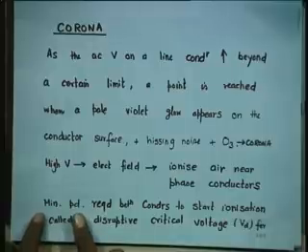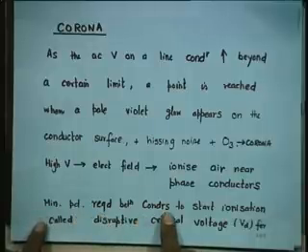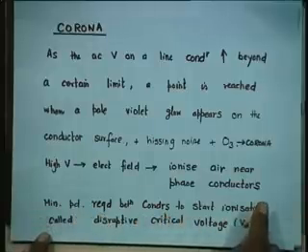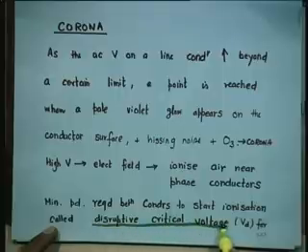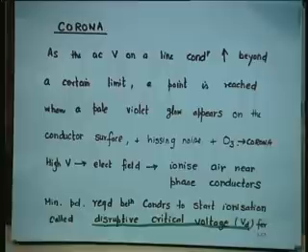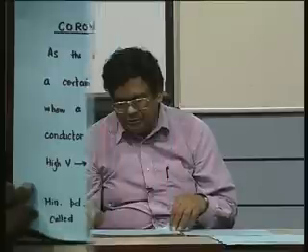Minimum potential difference required between conductors to start ionization is called disruptive critical voltage. That is the minimum potential difference required to start this process, is called VD.